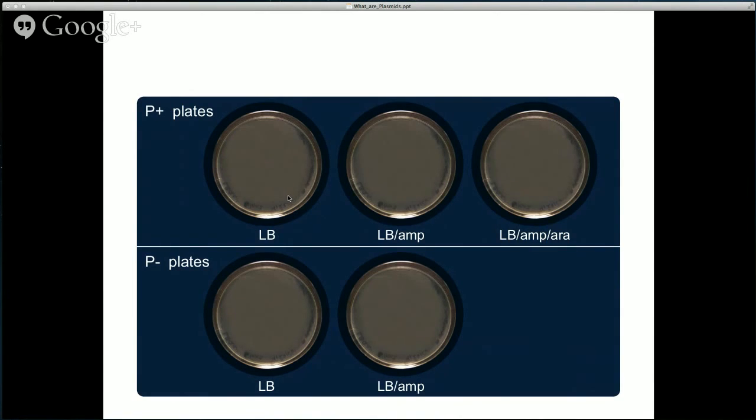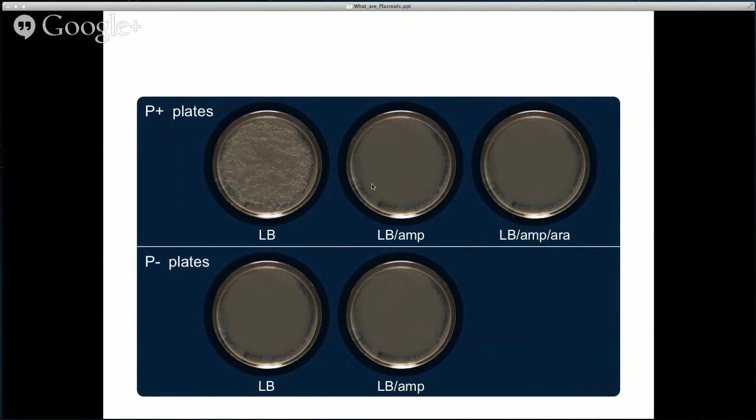So, what kind of growth do we expect to see on LB? We already went over that. We're supposed to see a lawn. Nothing discriminating. Everything should live on it. Now, we have this LB ampicillin. This has antibiotic on it. Should all of this bacteria grow on it? Well, think about this.